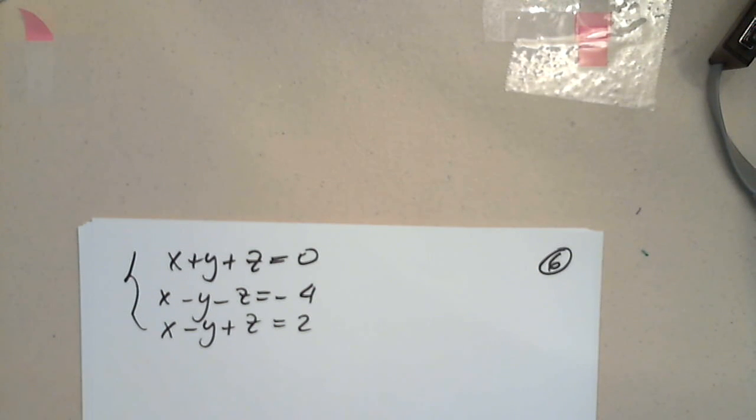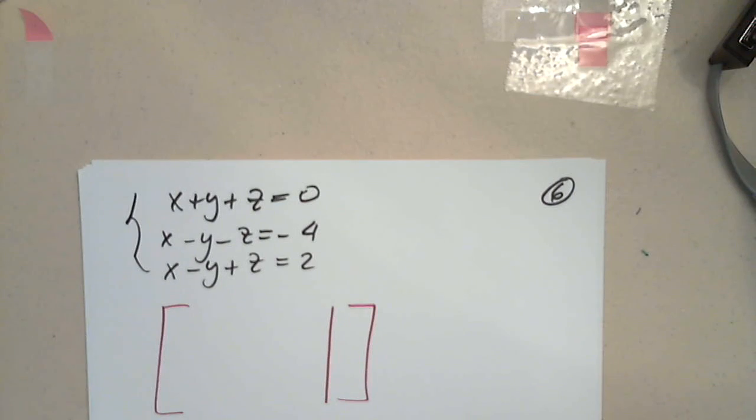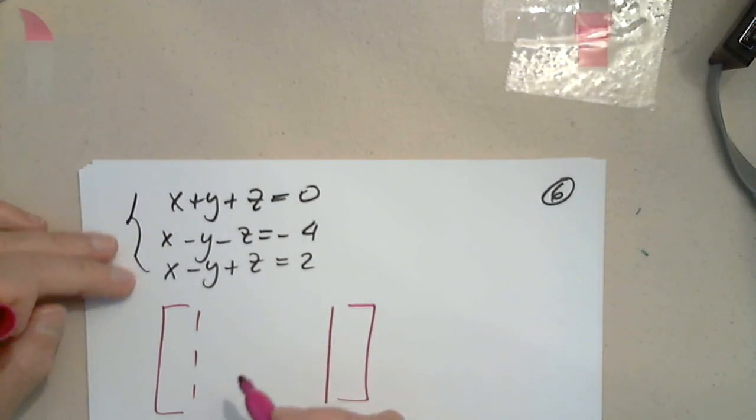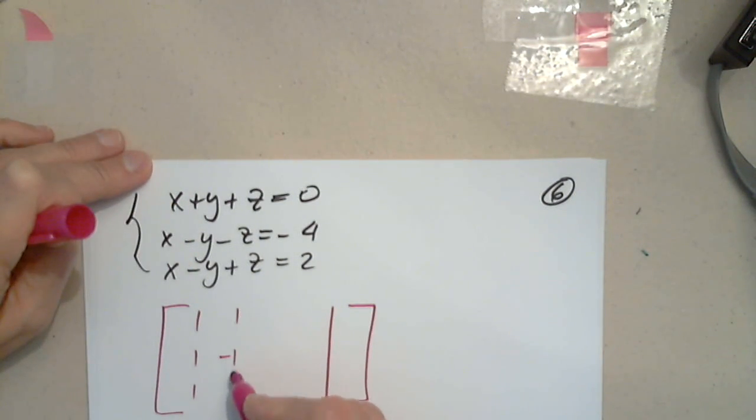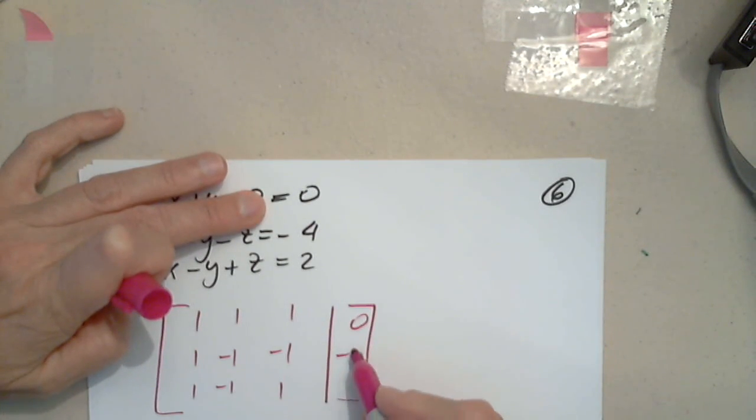I like the system because it's presented correctly as I needed it to be. So I can immediately create the augmented matrix: 1, 1, 1, 0; 1, -1, -1, -4; 1, -1, 1, 2.